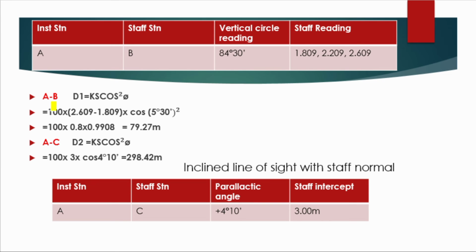We are going to calculate d1, which is equal to k s cos theta. K is the constant 100. Here we have s, the staff intercept, the difference between the top and bottom readings, multiplied by cos of the angle which we had calculated earlier.